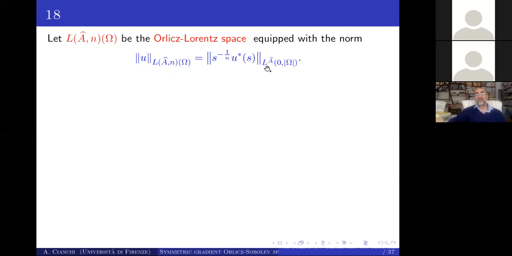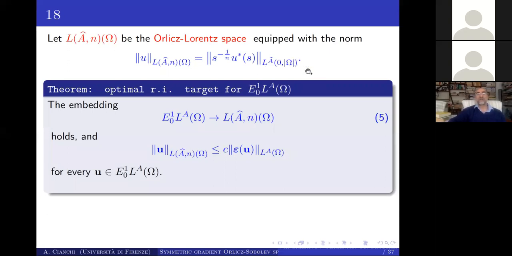Now, in general, it's not L^A, but is this L^A hat. And as explained, if A is not critical in a sense, then in fact here we can write L^A. But in general, this can be a slightly weaker norm than the original one. And this makes a difference.